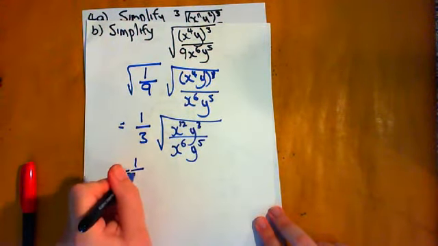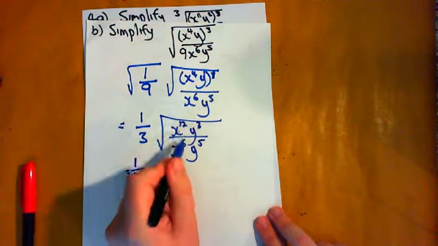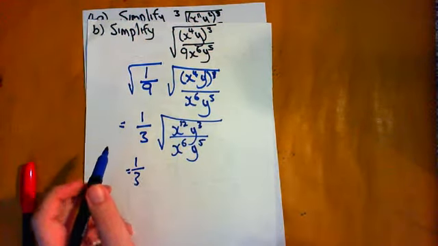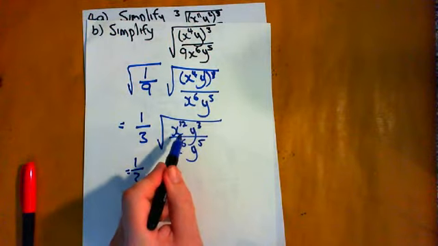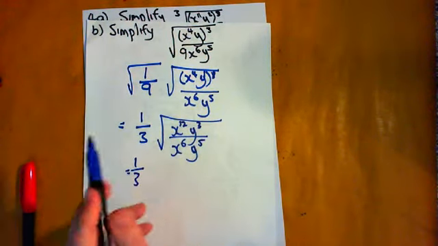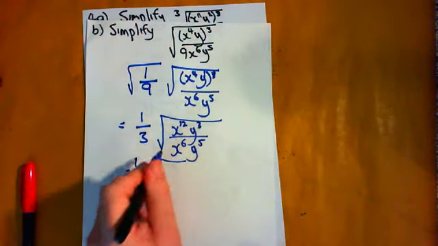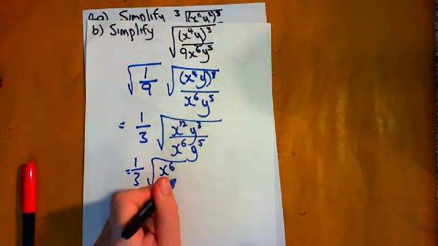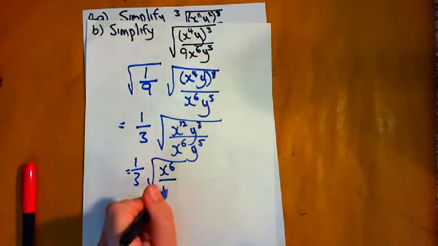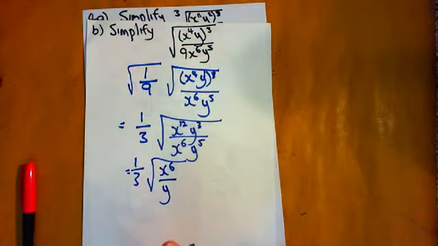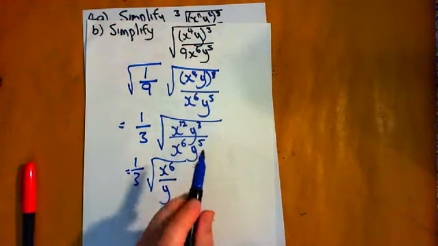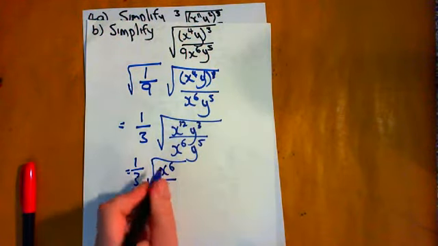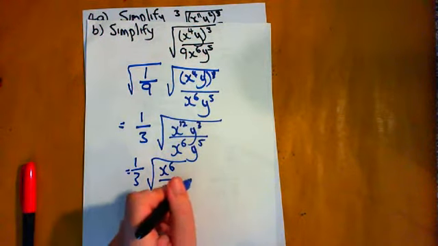So this is going to be 1/3 of, we can subtract our powers, which is going to be x to the power of 12 minus 6, which is going to be x to the 6 on the top, and y to the power of 2 on the bottom. Bigger power of y is on the bottom, and subtracting the powers, 5 minus 3 gives us 2.